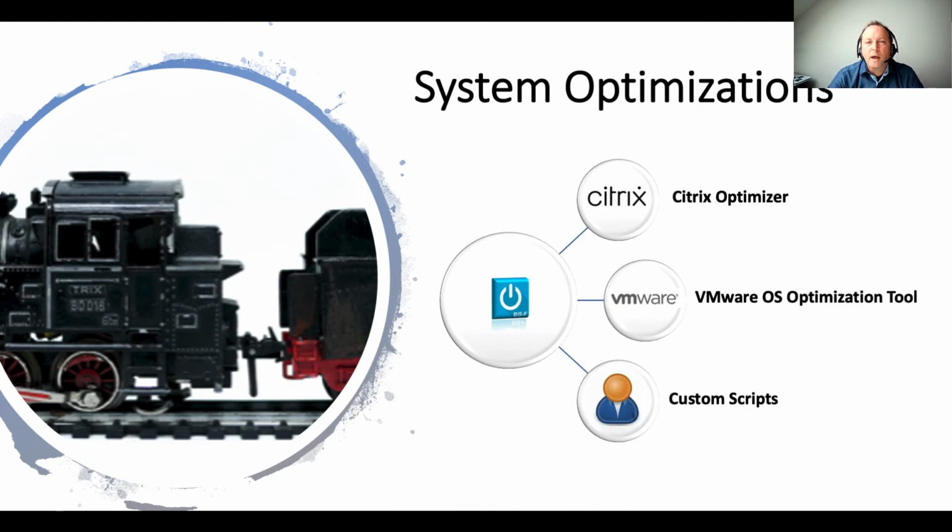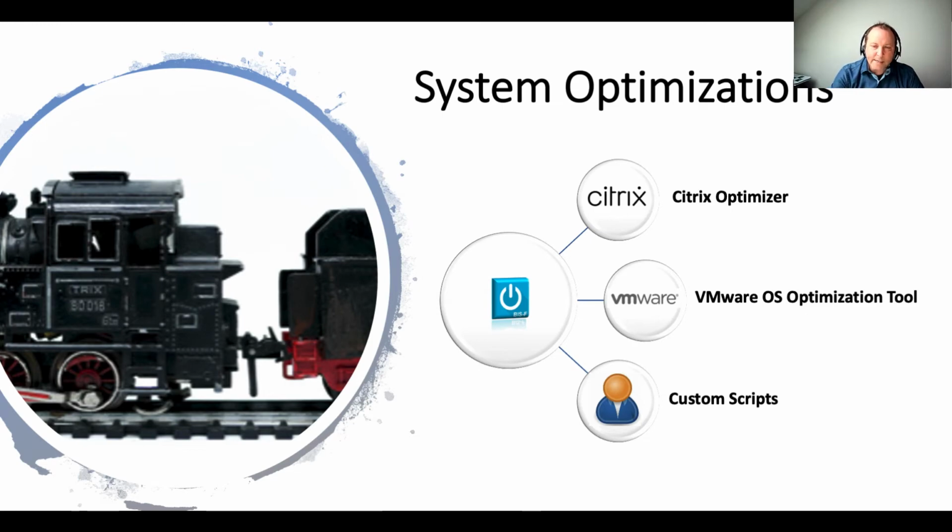Like you can easily use it with Citrix Optimizer, so we have also extended it inside of the ADMX. And in addition, you can also use the VMware OS optimization tool. And last but not least, if you would like not to use Citrix or VMware, you can run a custom script that optimizes your system for this operating system.